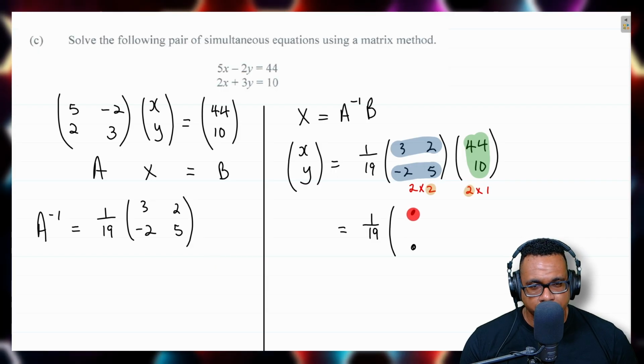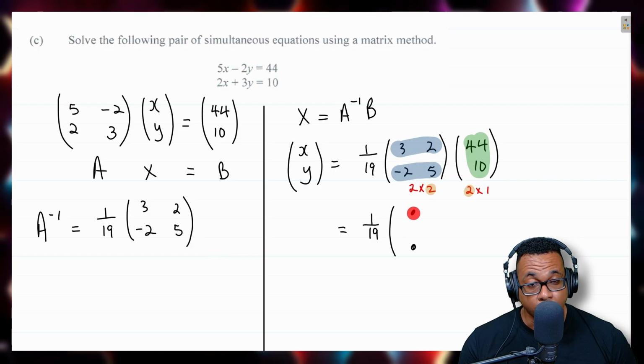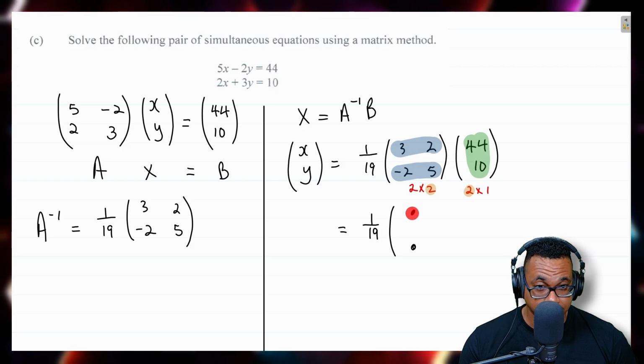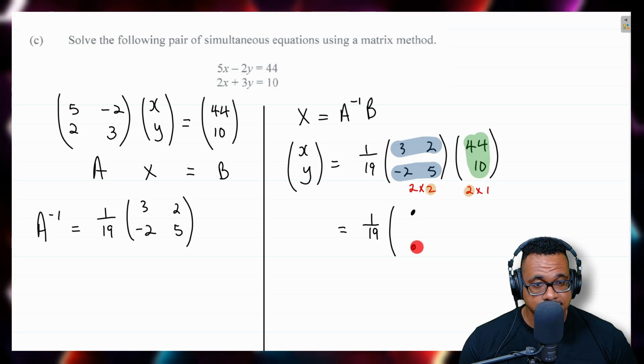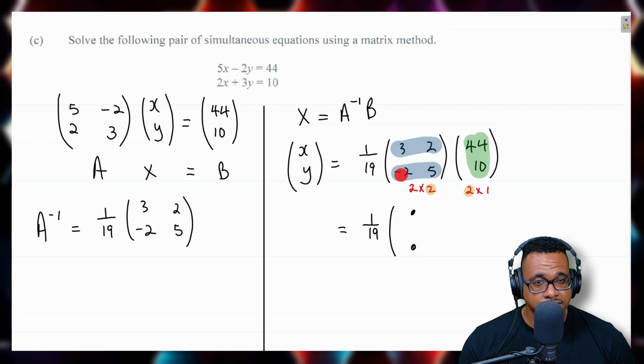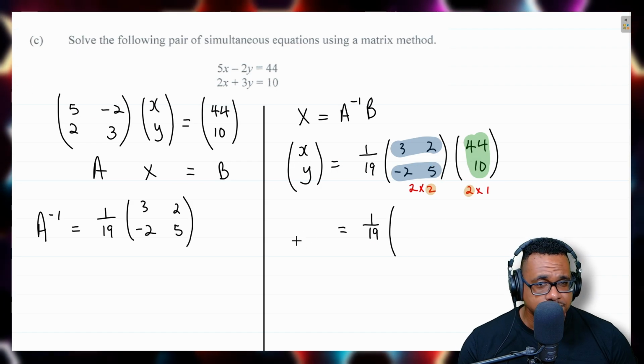For this top number, the top row will control the answer. And since we just have one column, you'll be multiplying this row by this column to get the answer here. And since this is the second row, the second row will control the answer for the second row, and the second row times this column will give us the answer down here.